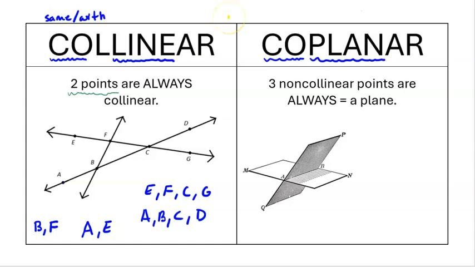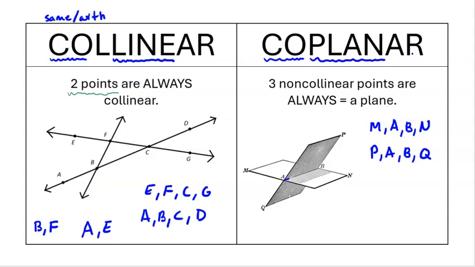When we're looking at this particular diagram, we have this white plane being intersected by this gray plane here. So if I were to ask you what points are coplanar, if I'm looking at this white plane, I could say M, A, B, and N are all on this white plane. If I'm looking at the gray plane, I could say P, A, B, and Q are all on the same plane.